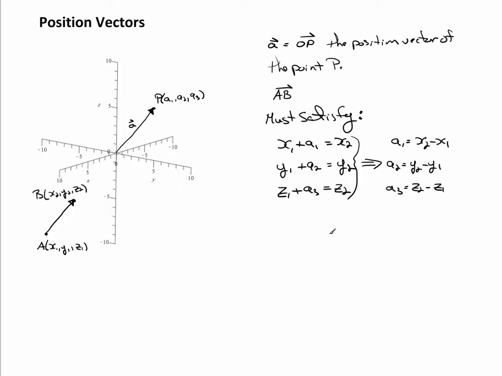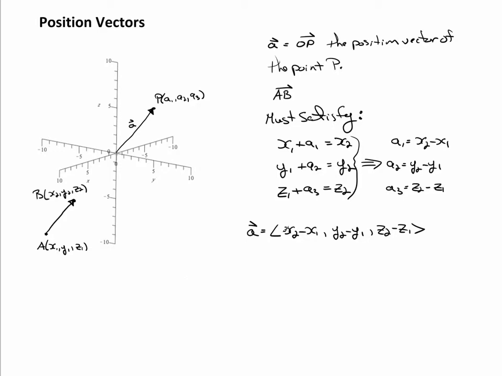Okay, so what that gives me is I can actually represent vector A as being x2 minus x1, y2 minus y1, z2 minus z1. And the reason that works is because vector AB is in fact a representation of OP, where OP and A are actually the same vectors.